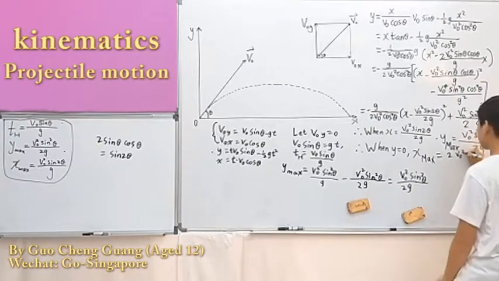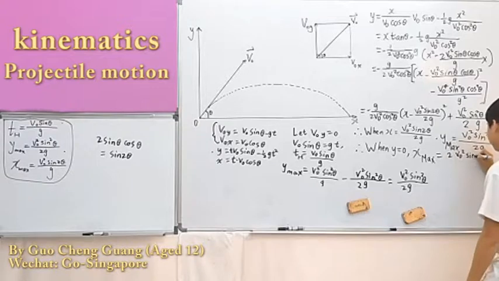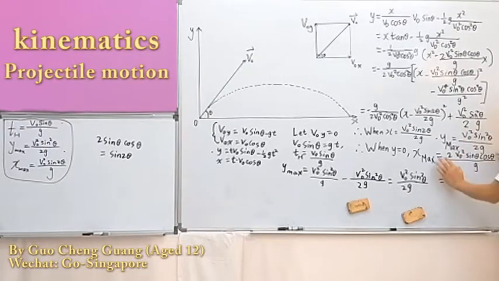But here you also have the initial velocity square, sine, cosine. And then you have to over g. Then after that, from this part, you could use double angle formula for sine.